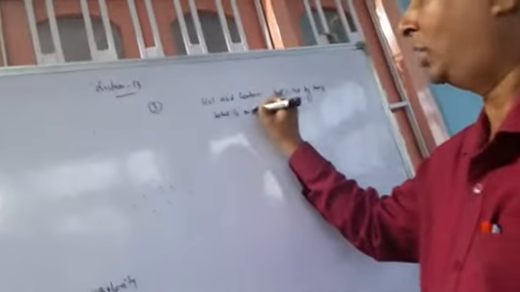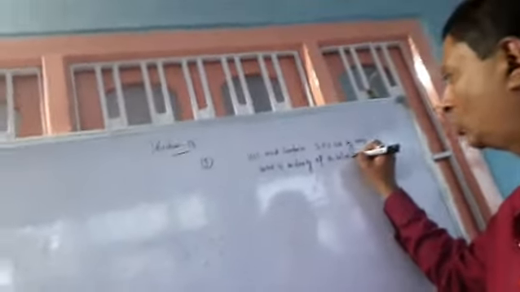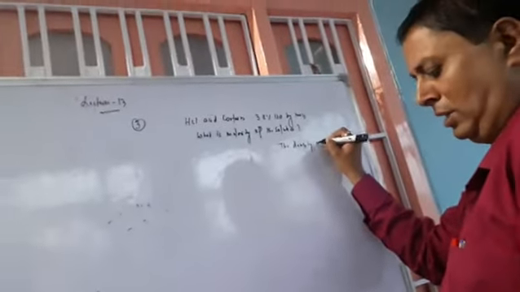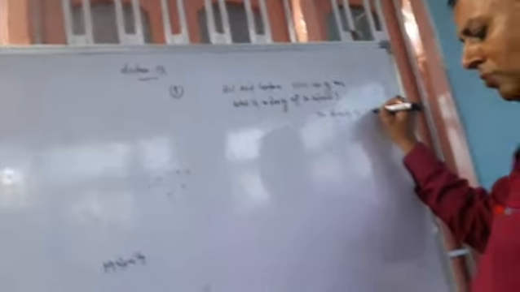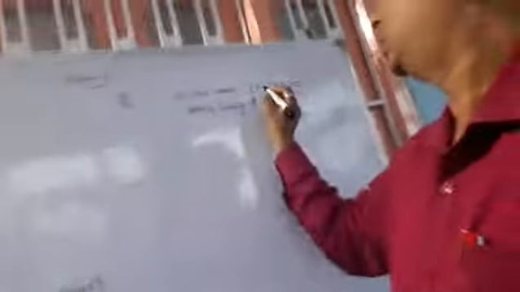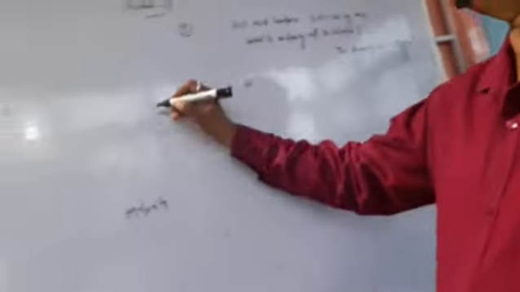What is the molarity of the solution? Density is 1.19 gram per cubic centimeter. So we have to calculate according to the question.